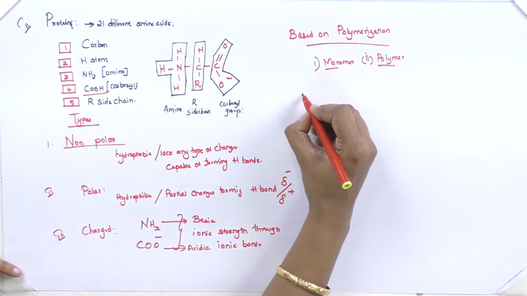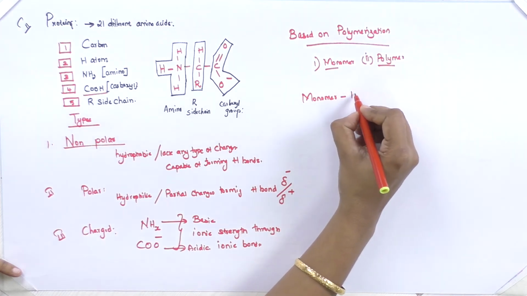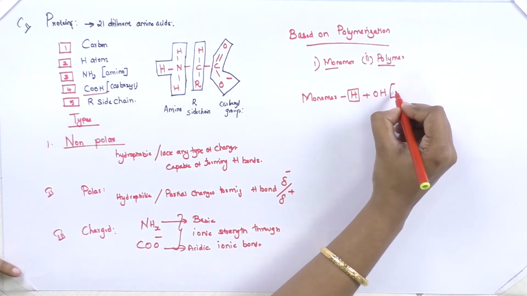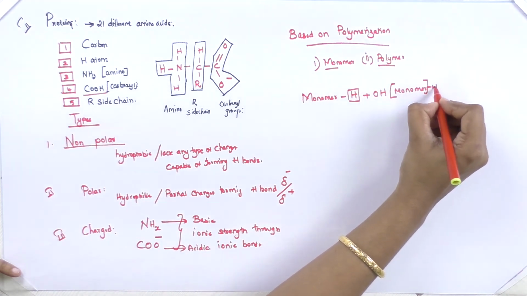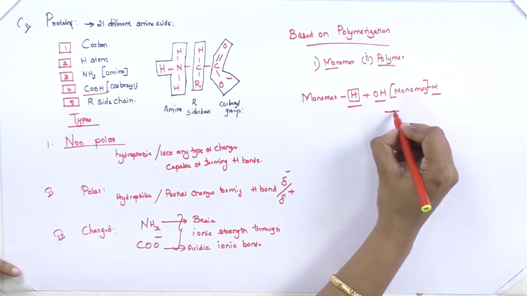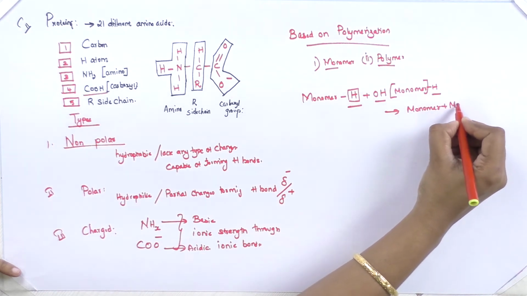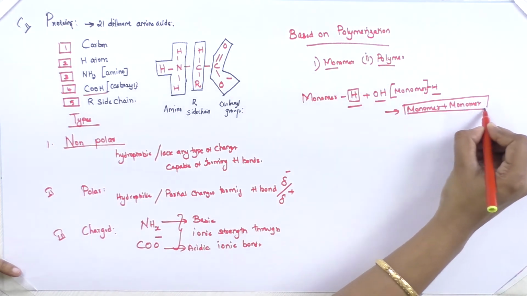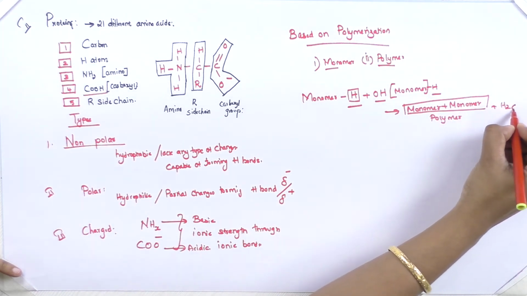So when a monomer is combined, like I already explained, this hydrogen atom links with the OH of the other monomer. Here also you have a hydrogen, so the linking takes place and it produces monomer plus monomer, that is a polymer. And the byproduct you will have is water.